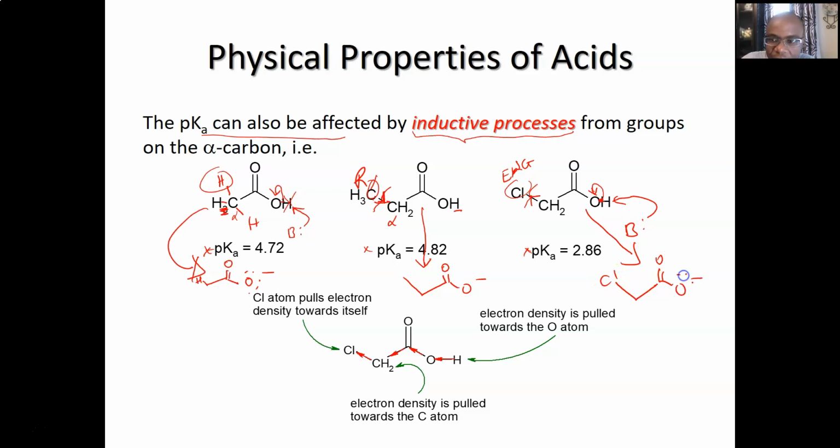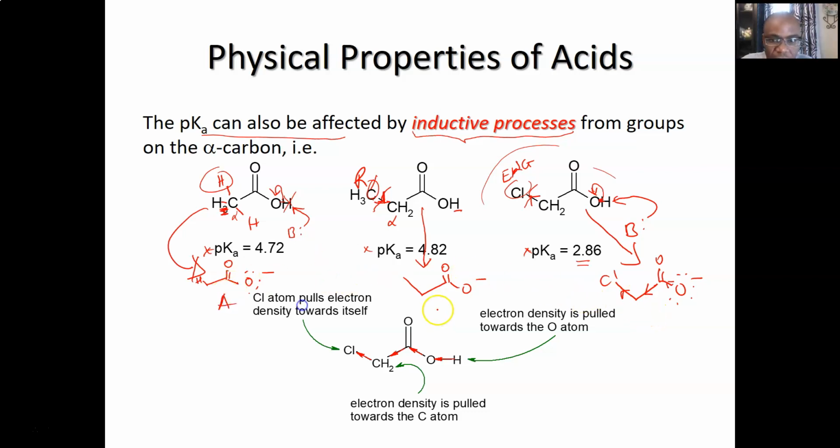So remember what we said? We said the weaker the conjugate base formed, the stronger the parent acid. So if the pKa of this molecule is the lowest, that means this is the strongest acid. This is the strongest acid of the three, and the reason is because the chlorine is even helping to suck electrons towards it, making these electrons not available, which makes this the weakest base of the three.